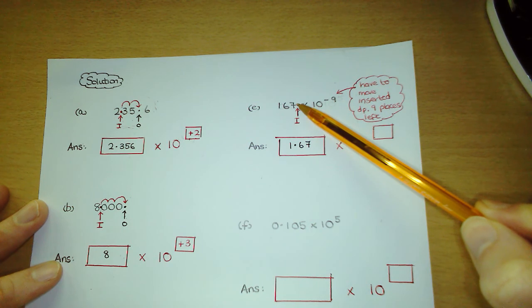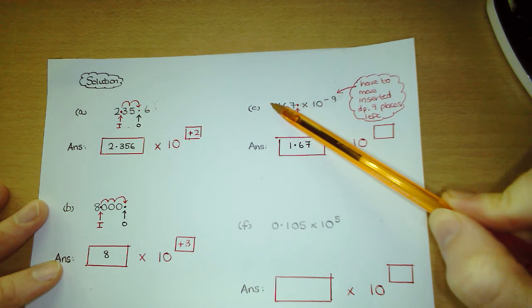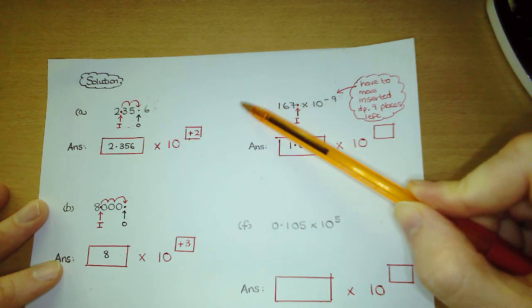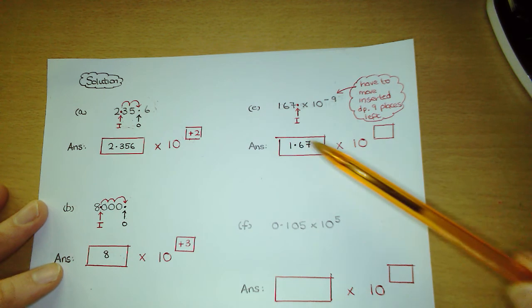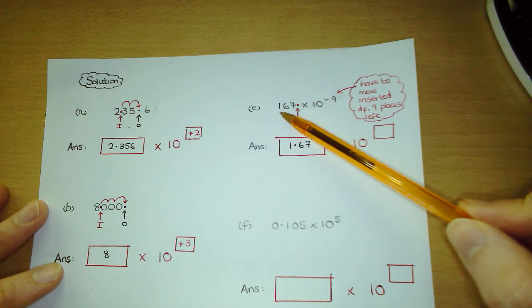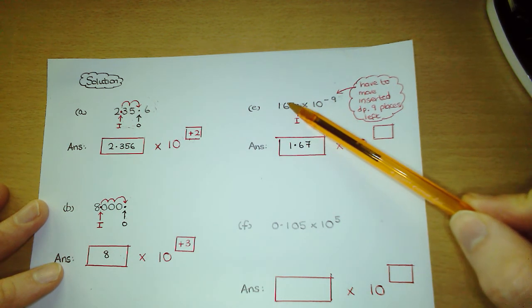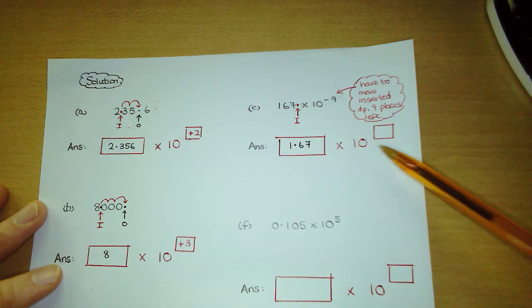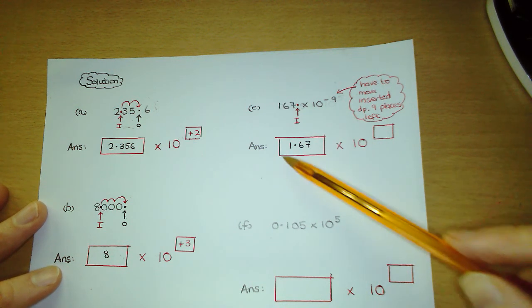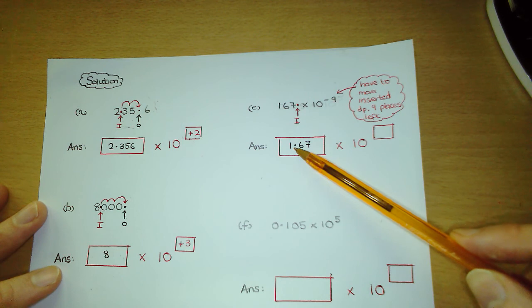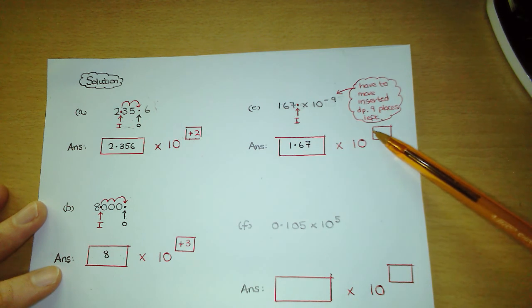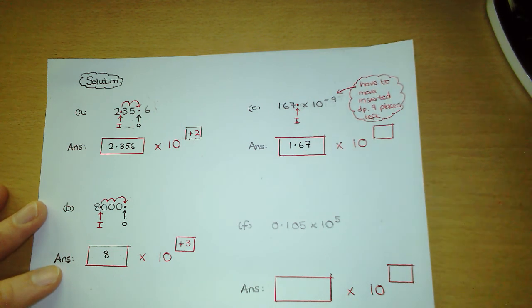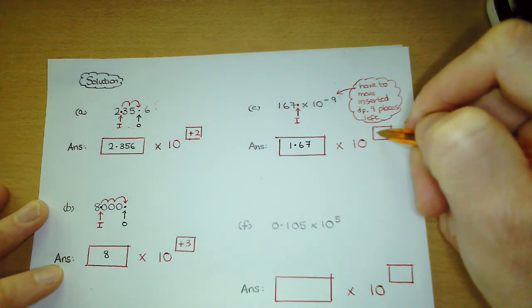So they have to go this direction. 1, 2, 3, 4, 5, 6, 7, 8, 9. But we have put the inserted decimal point in the right place, so we've already moved it 2 places to the left. So that means we only need to move the inserted decimal point that we've put in 7 places to the left. So the power of 10 is going to be -7.